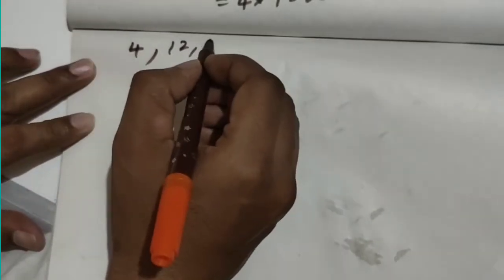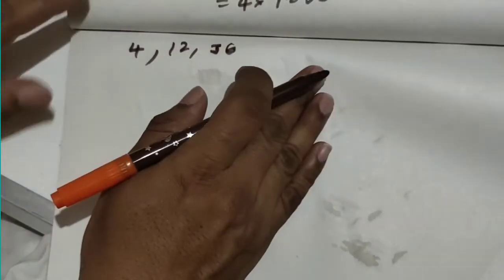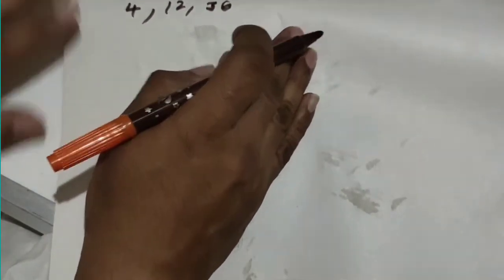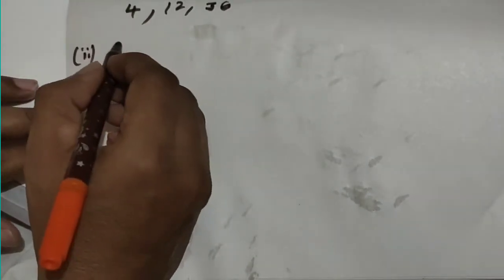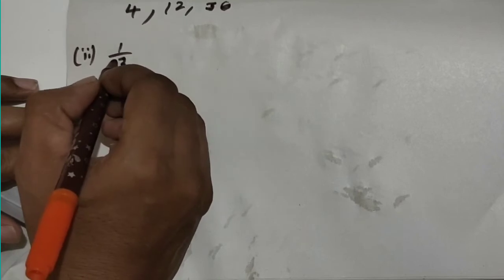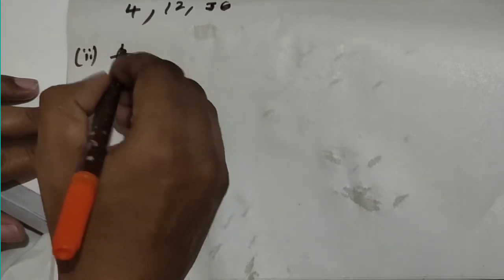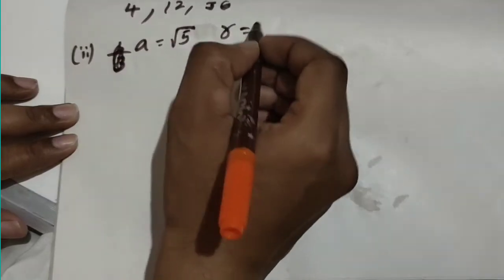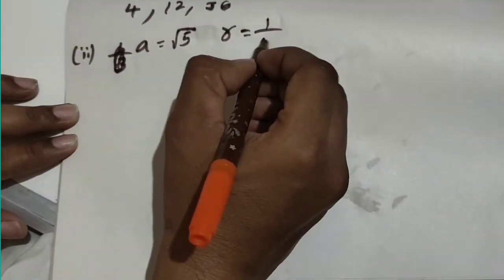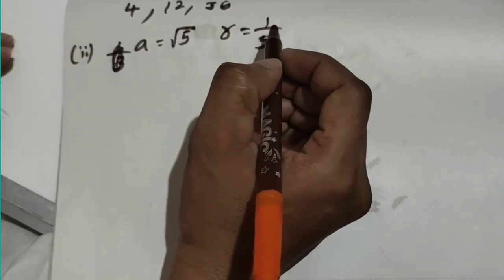Okay. So what are they, 4, 12, 36. Okay. And the next, second one. A is equal to root 5, R is equal to 1 by 5.